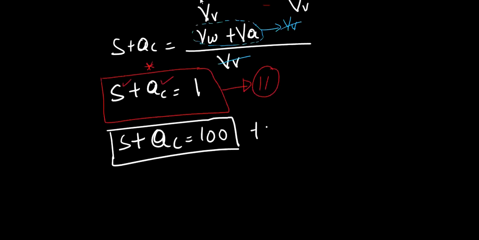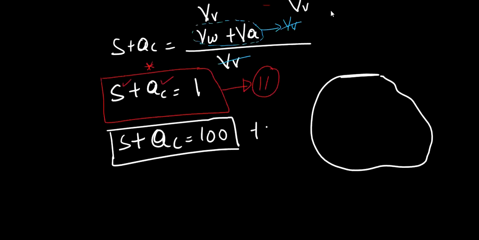Because if I represent the void, this is my void region in the soil, this is my total void space in the soil. If I have this much water in the soil, what does that mean? This water will be present in voids. For example, the water present here is 30%.